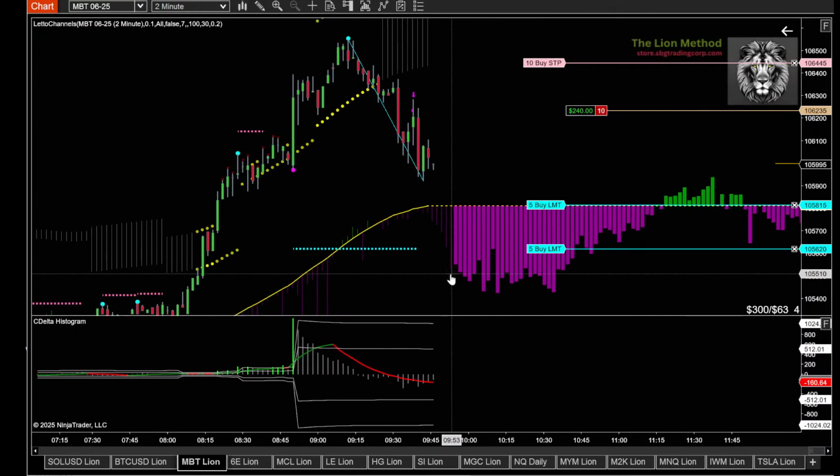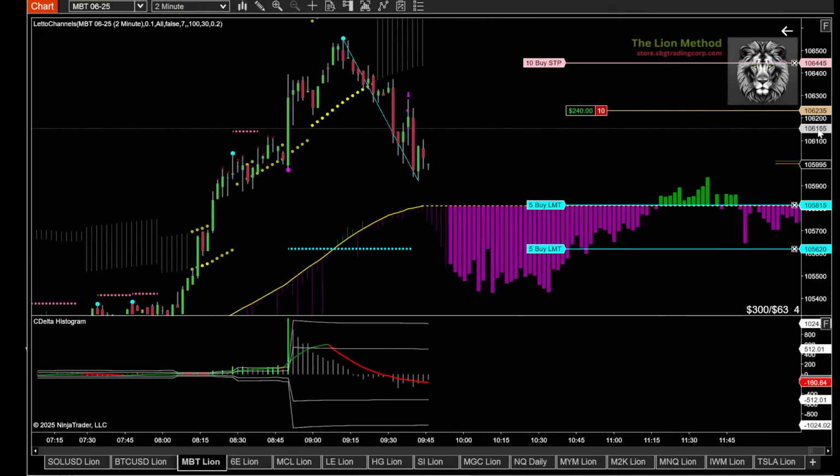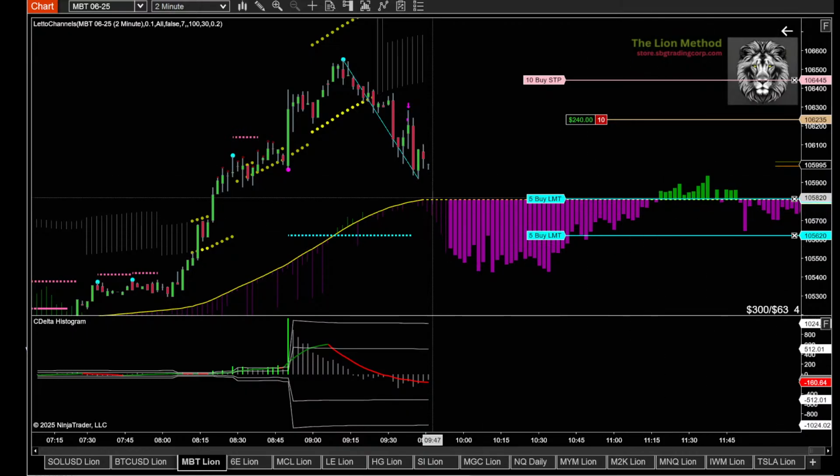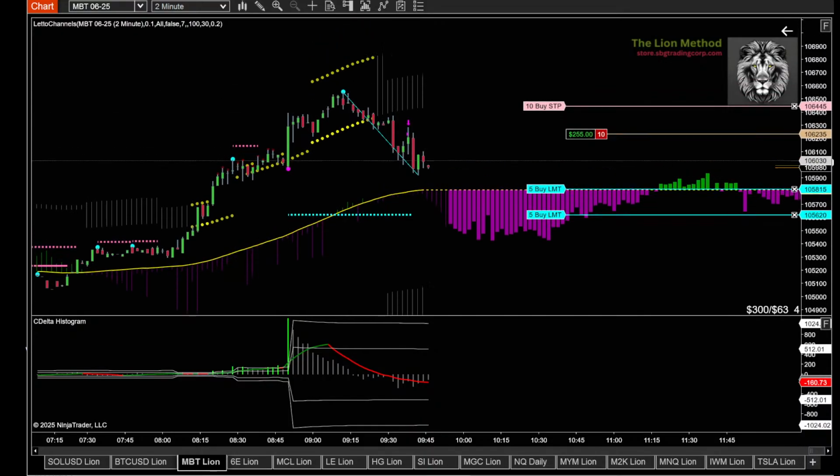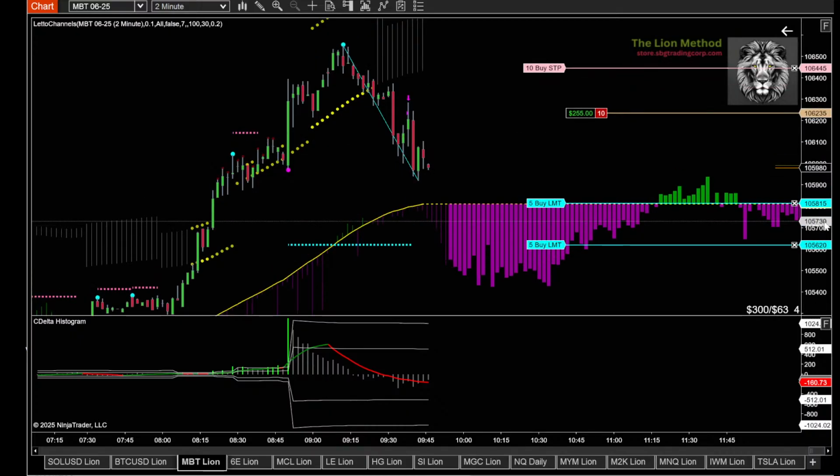We also have, I don't know if you're familiar with my technique, but these histograms are produced by my indicator called Leto channels. Yes, I've humbly named it after myself because it's just so darn smart. It is the tendency histogram, showing the market tends to be down here below the 100 during this time of day.